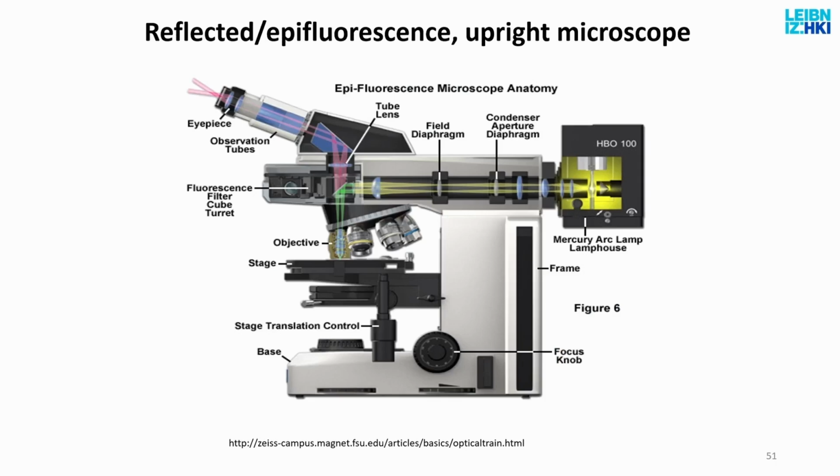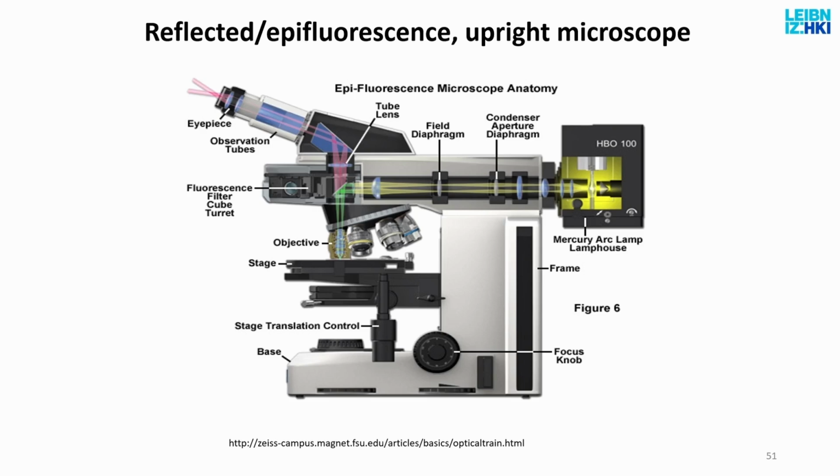You have more than one lens, of course, in a turret, so you don't have to take the lens out and put it back on. Usually it has 6 spots, and then there can be 4x, 10x, 20, 40, and 60, 100x, and then you have a full range of lenses with various immersion requirements.